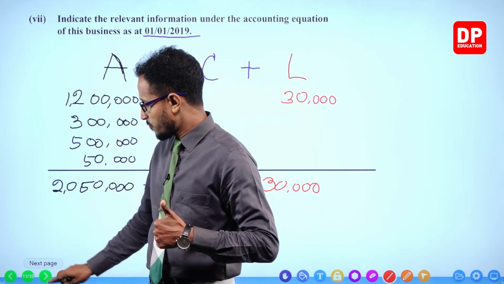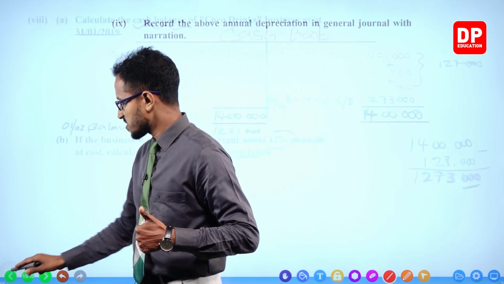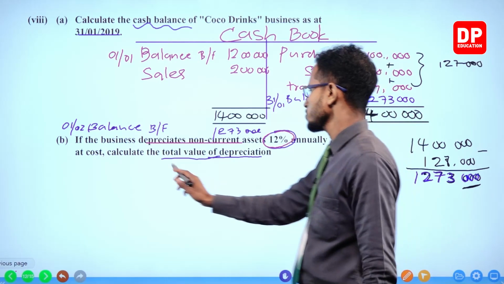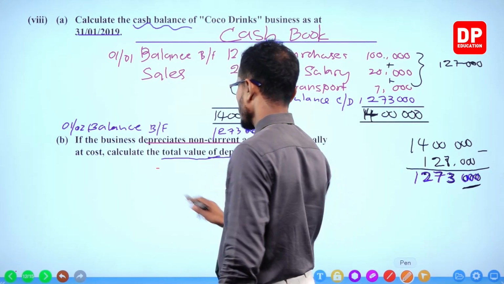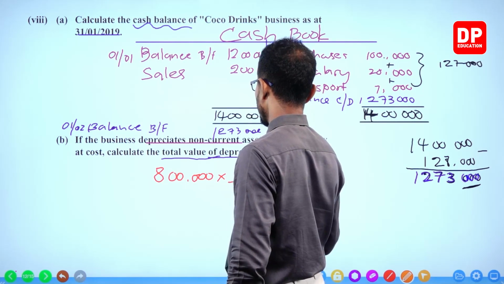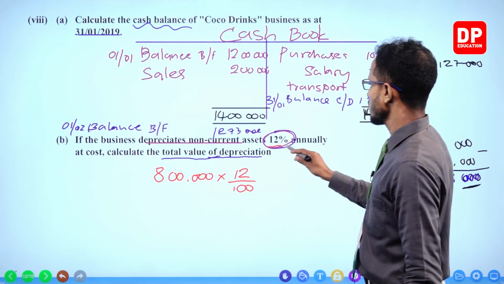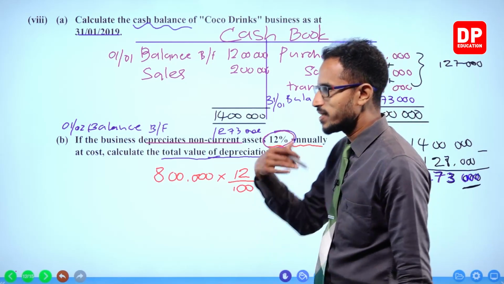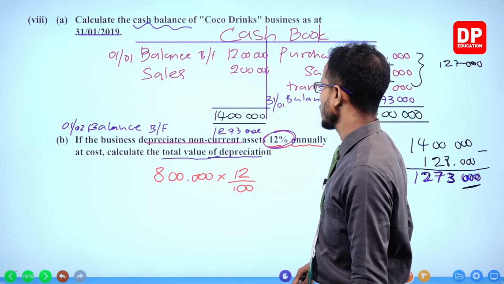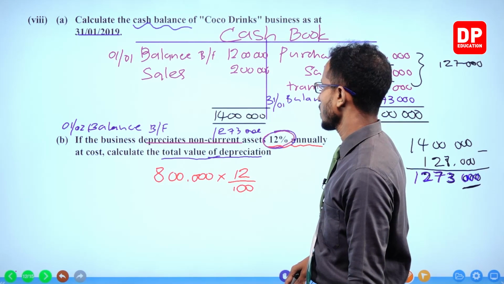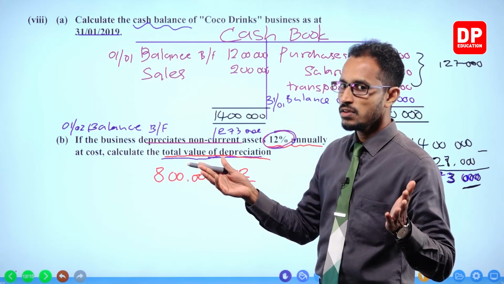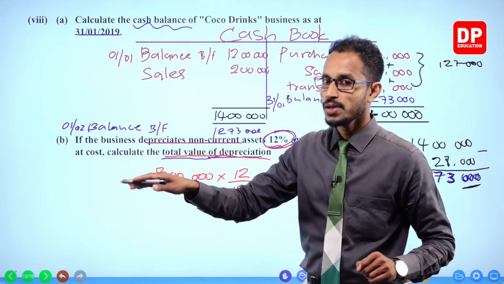It's just a matter of multiplying by the depreciation percentage. 800,000 times 12 over 100. This is annual. You would divide by 12 to get 1 month, but they ask for the total value of depreciation, so we take the total annual and no need to divide by 12.